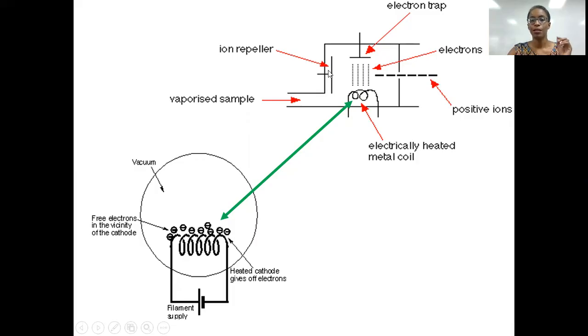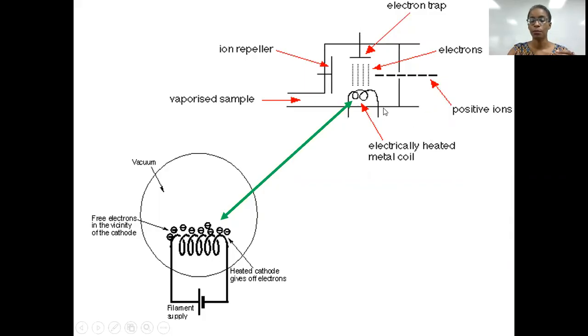That ion repeller is there to ensure that the beam of ions, your now positively charged ions, continue to go in a particular direction. That is out of the ionization chamber. So of course, what charge would you expect the ion repeller to have to make sure that these positive ions now leave the chamber? So this is what happens in your ionization step.